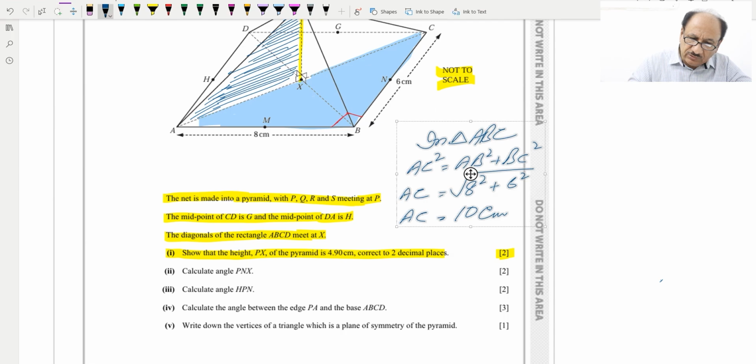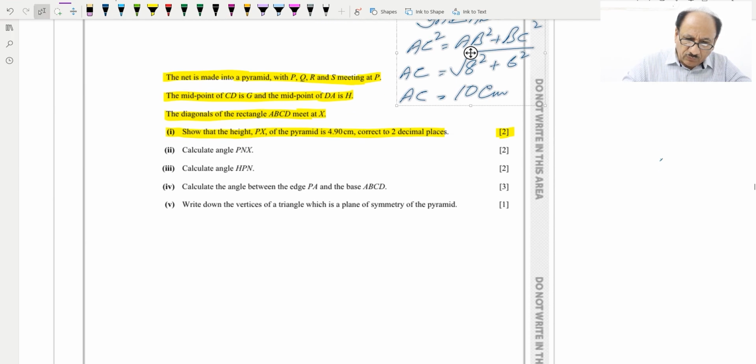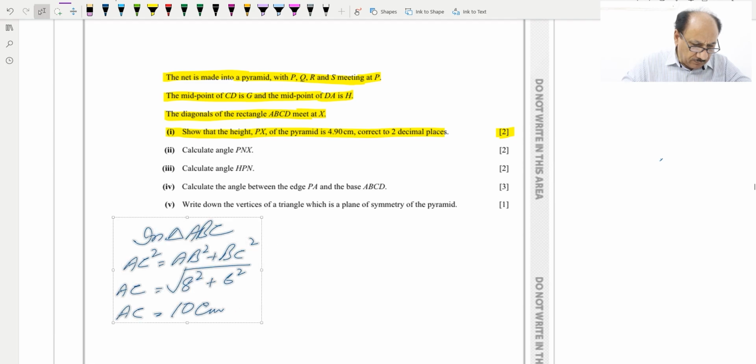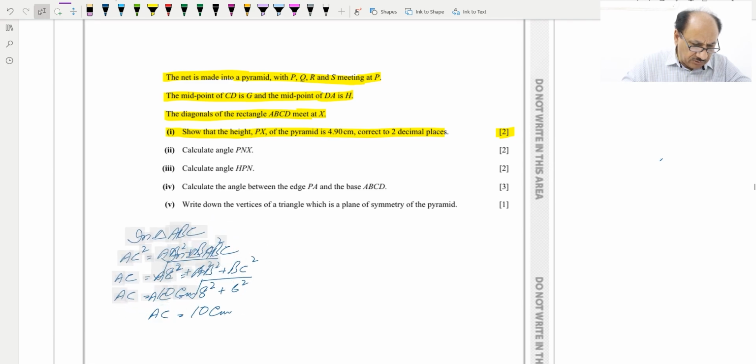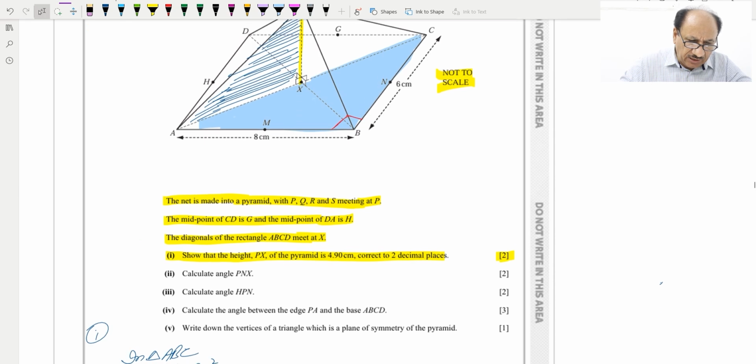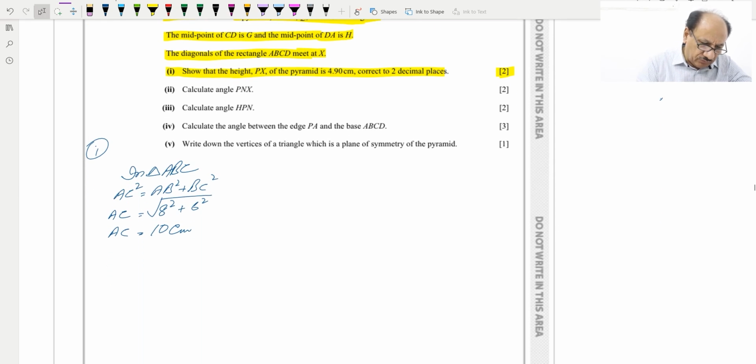So AC we can shift over here. This will be our part 1 which we are still doing. AC is 10, so it means AX will be half of 10. So we can write AX is equal to AC by 2, which is equal to 10 by 2, which is 5 centimeters.